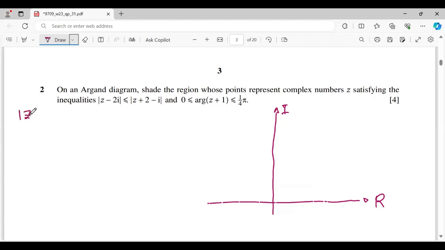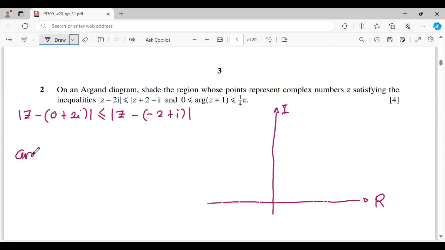So modulus of z minus 0 plus 2i is less than or equal to modulus of z minus minus 2 plus i. I write it like this because I will determine the coordinate points.